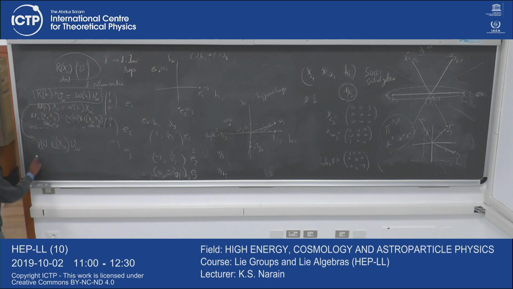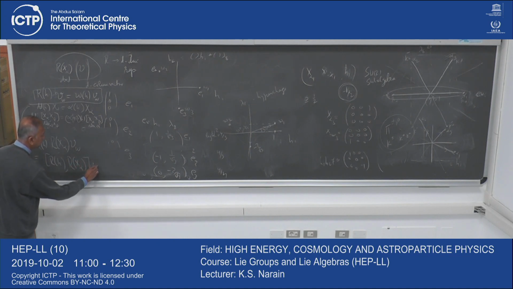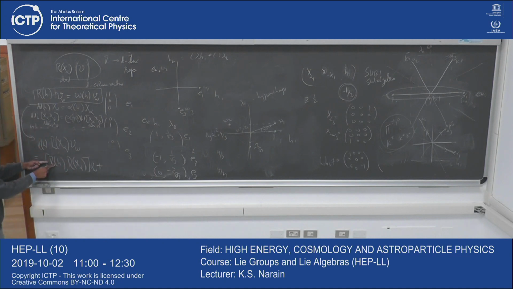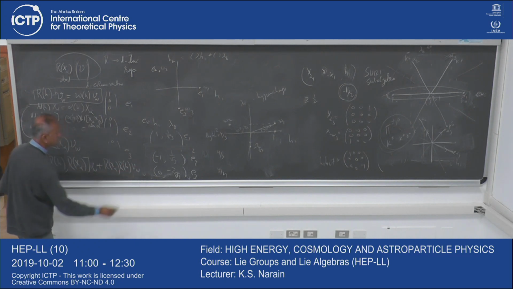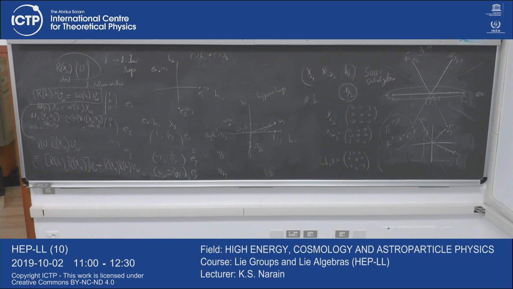So we write this as the commutator RH, Rx alpha, acting on VW, plus I have to of course add the other part, right? Because in order to write it like this, I have to subtract minus Rx alpha RH, and then I have to add that also. So plus Rx alpha RH, acting on VW. Right?